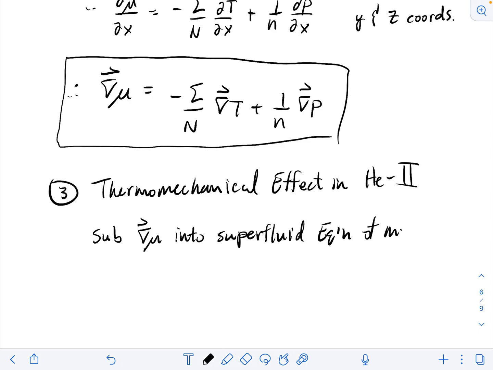You can probably already see why it's called a thermomechanical effect, because this gradient of the chemical potential, which remember is like a force equation, involves a gradient of temperature, so that's the thermo part, and then it involves a gradient of pressure. If you apply pressure to a fluid, it's going to start moving, and so that mechanical motion is related to the gradient of the pressure.